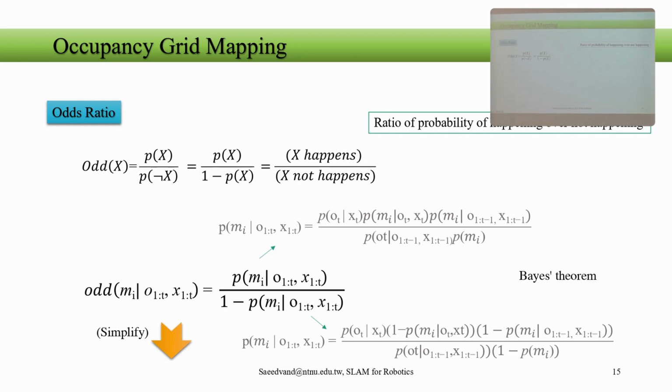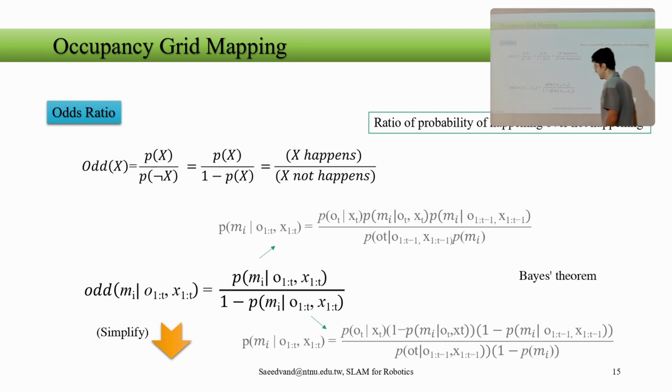In another form of representation, as I mentioned, we can show it as the probability of x over 1 subtracted by the probability of x. It has the same meaning. On the other hand, we can say x happens, x not happening. This representation is also called the odd ratio.